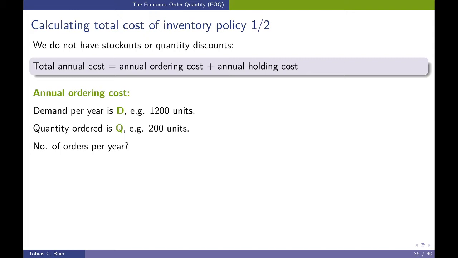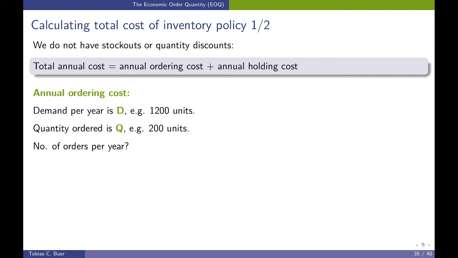And on the other hand, we have the order quantity. We just use any order quantity, not necessarily the economic order quantity. It's just one order quantity. And the order quantity is given by the parameter big Q, and in this example it's 200 units.